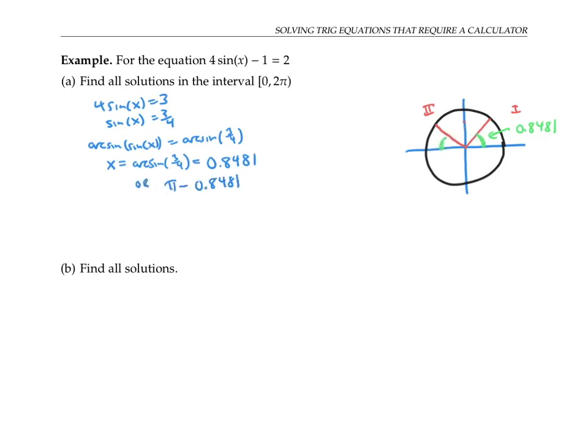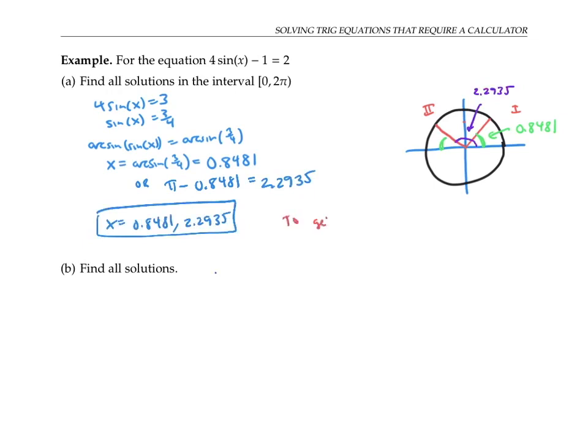Pi minus 0.8481 is equal to 2.2935. So that's my second angle. Notice that this time, to get the second angle, we use pi minus the first angle, not 2 pi minus the first angle like we did for cosine. Once again, we can find all solutions simply by adding multiples of 2 pi.